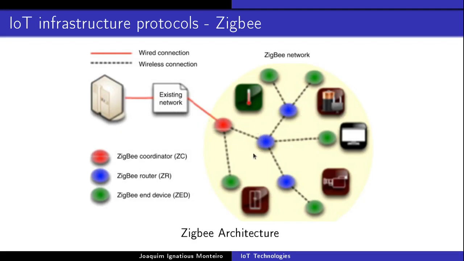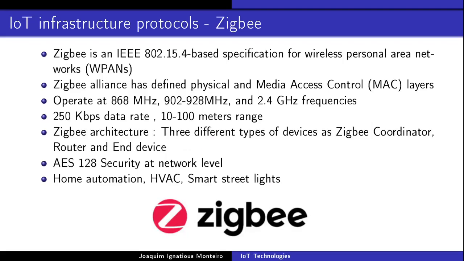Zigbee to Zigbee networks are wireless, whereas this is on a wired connection. The problem with Zigbee is that if Zigbee has to communicate with an IP device, it is not possible. It's difficult. Only Zigbee-enabled devices can communicate with each other. So to integrate with the internet, Zigbee has gone one step further, with modifications in the Zigbee protocol, and IP for Zigbee has happened.